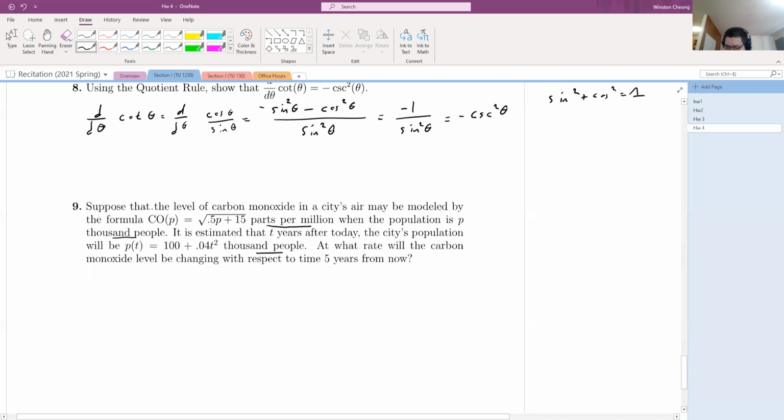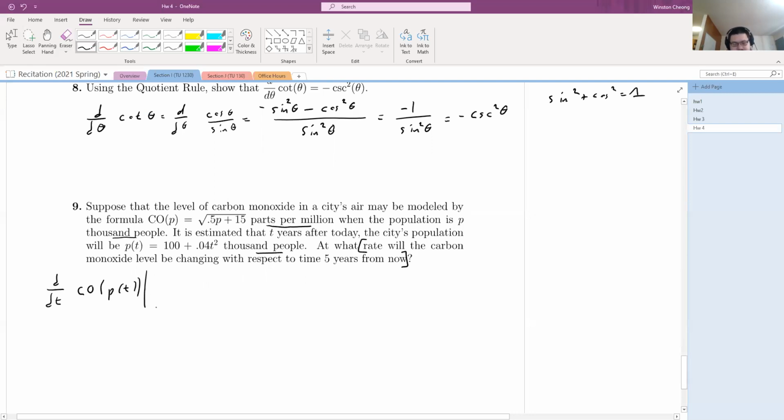The question is asking the rate that the carbon monoxide will be changing 5 years from now. So this is really where the question is. The way we would interpret this mathematically is it's asking for the time derivative of P of T.